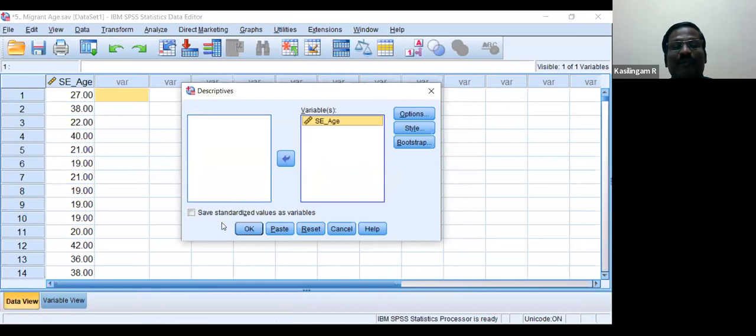Now I'm going to save standardized value as variable. What I'm doing is I'm going to save the standardized value as one variable. I'm going to save the standardized score, or otherwise it is a Z score, not Z value, Z score.